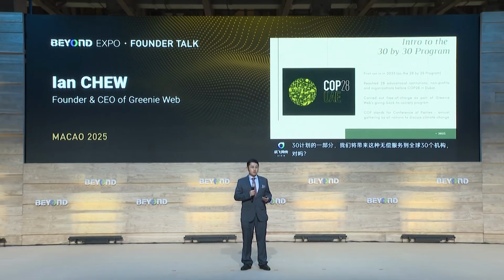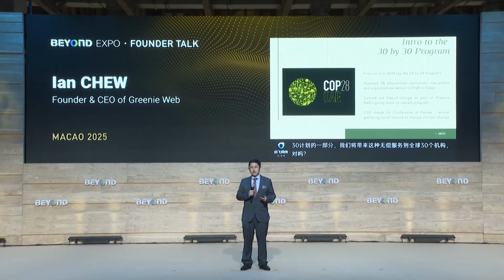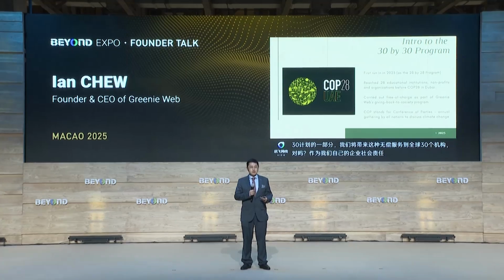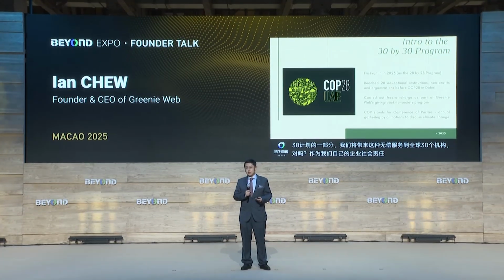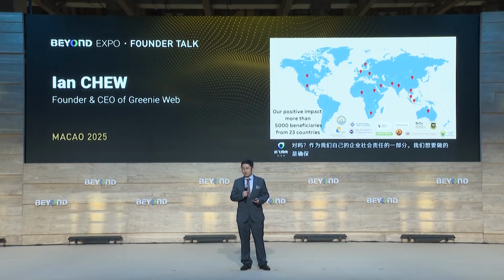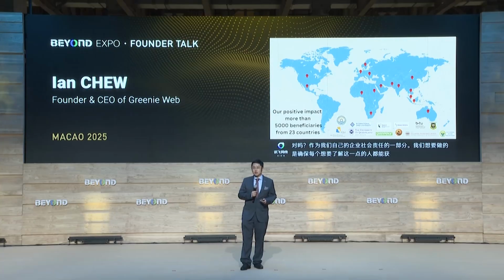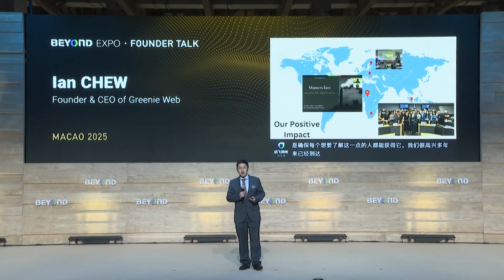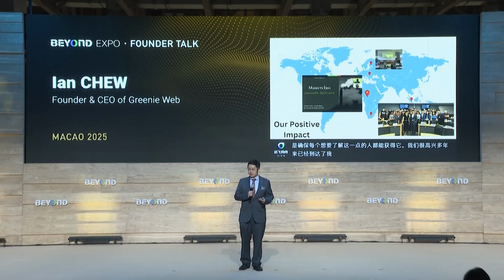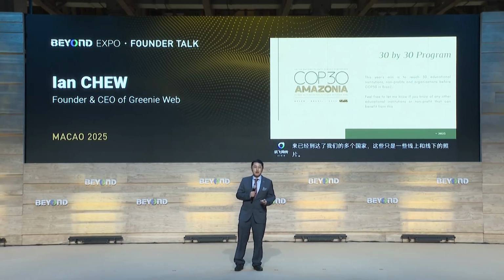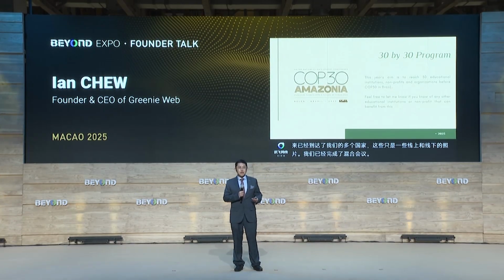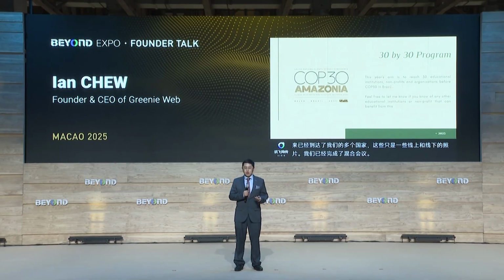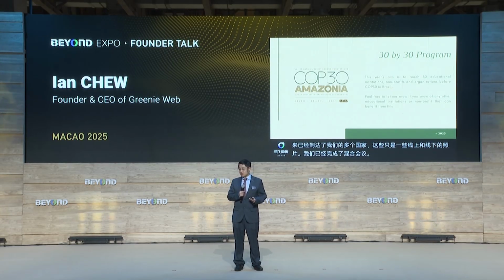What we want to do really is to ensure that everyone who wants to learn about this has access to this. We're very pleased to have reached multiple countries over the years, and these are just some pictures of online, offline, and hybrid sessions that we have done. If you know of any other non-profit or educational institution that could benefit, feel free to reach out to me right after this talk.